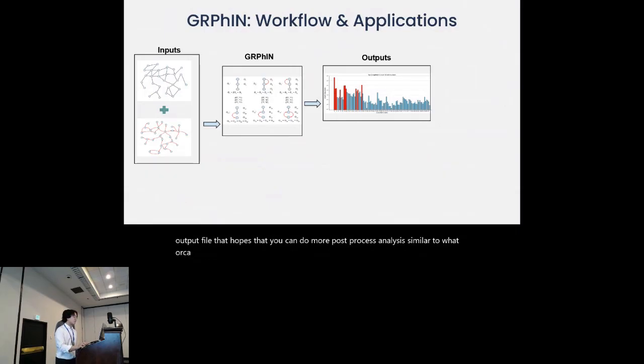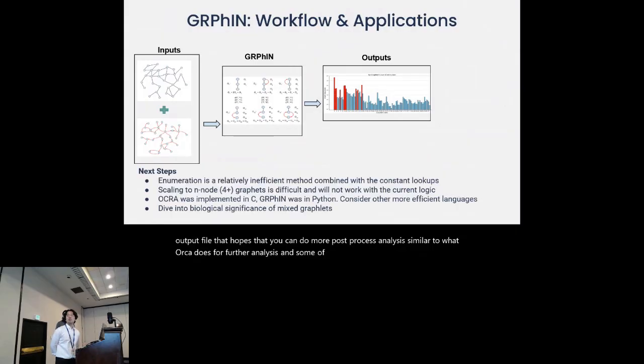Some of the general next steps are most definitely the enumeration process and scaling to more node types, implementing it in another system, and diving into the specific biological context of mixed graphlets.